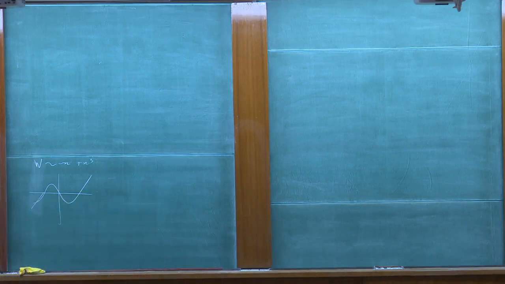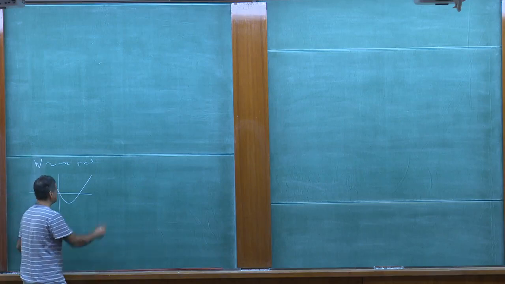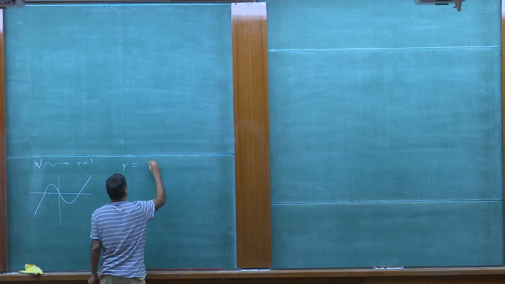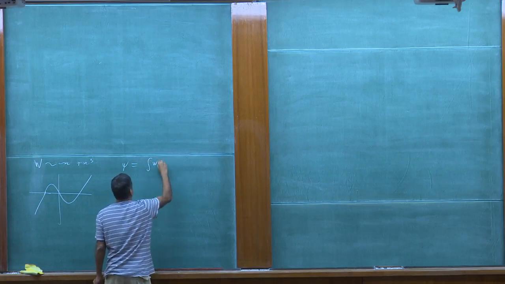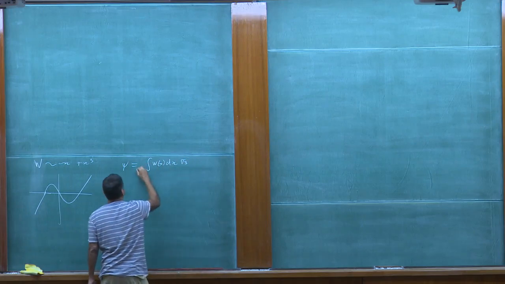So let us recall that in this situation now I'll need your help. Anyone who has good notes, our exact wave function was the integral of W of x dx, sigma 3, was this right?